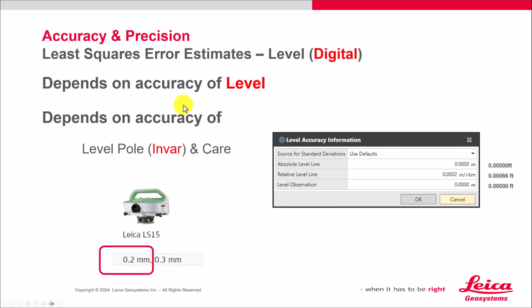Again, that depends on the accuracy of the level and of the pole. So we're going to say that we're using INVAR, and it's this really accurate one of 0.02 millimeters. Because it's an ISO standard and it means relative level line, that's 0.0002 meters per kilometer run of level loop.